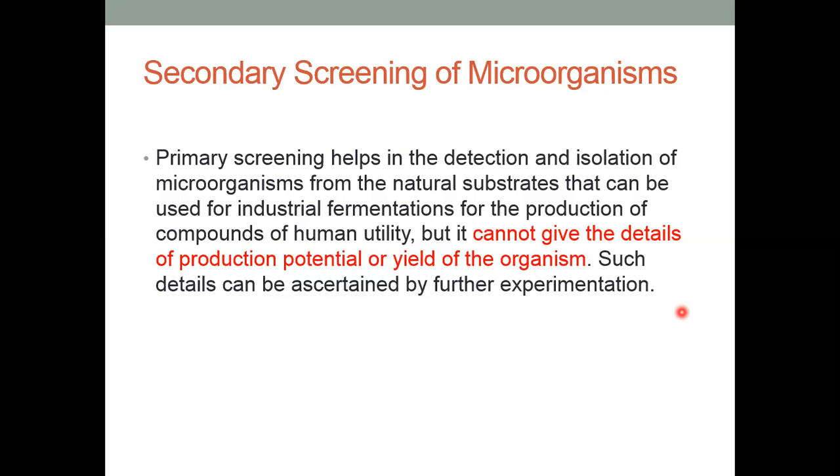So this secondary screening of microorganism is supposed to give you a detailed picture of the research you're going to carry on in order to identify the antibiotic, the minimum inhibitory concentration, the dosing, everything you want to know about the microorganism in detail with the research that you do.